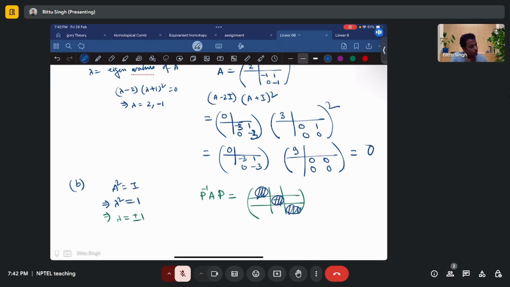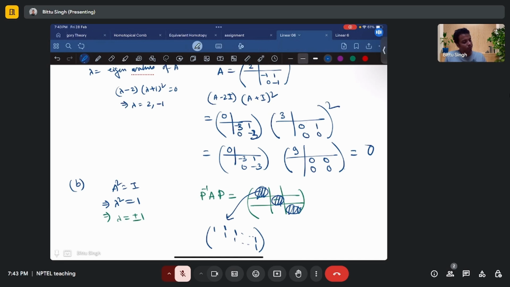And those non-zero blocks will look like a diagonal, but above the diagonal there can be some non-zero entries. For example, here or here, those are the possible non-zero entries, right?